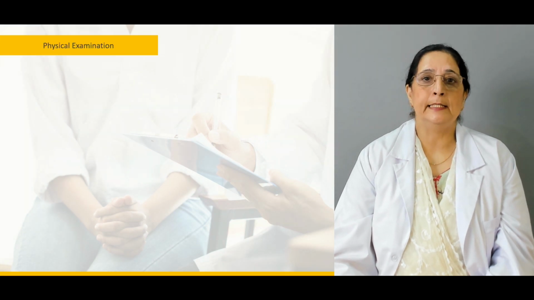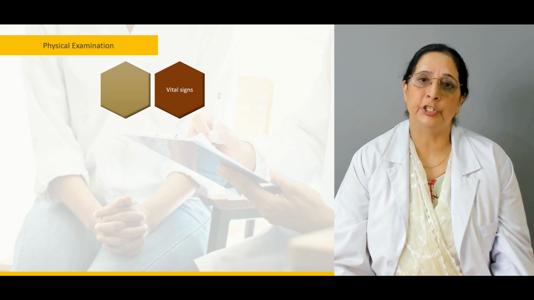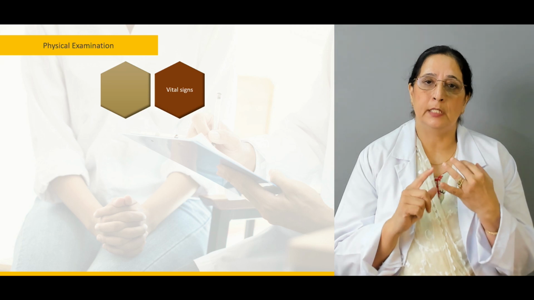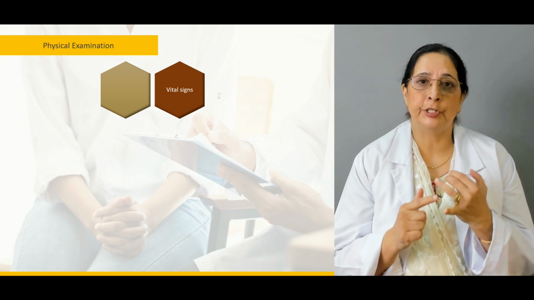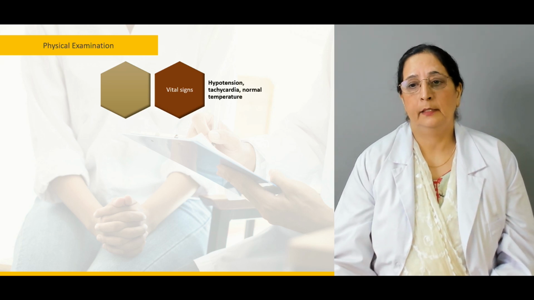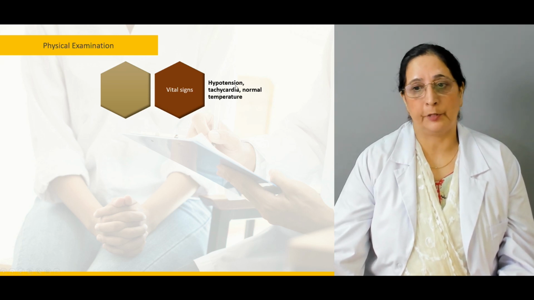Next, physical examination of the patient. We have vital signs. What are the changes in the vital signs? Vital signs include TPR, which is temperature, pulse, respiration, and blood pressure. There is hypotension, decreased blood pressure.